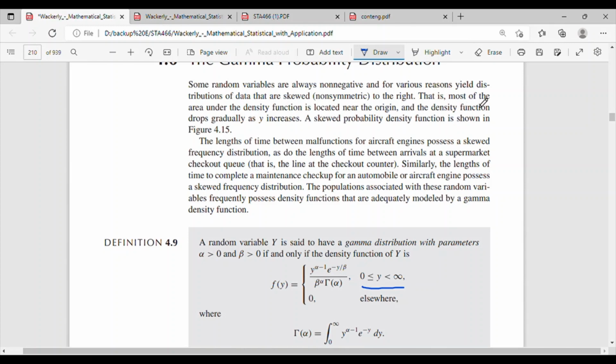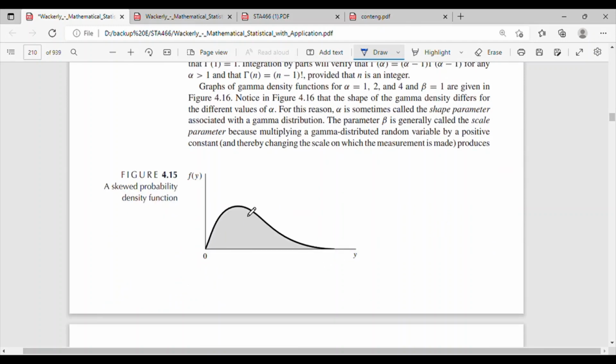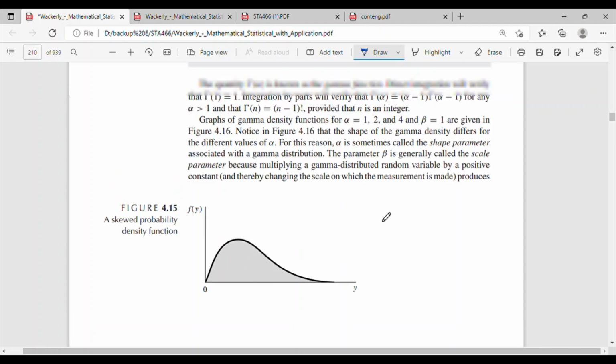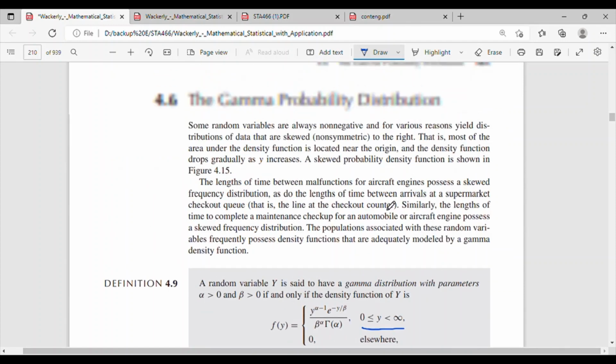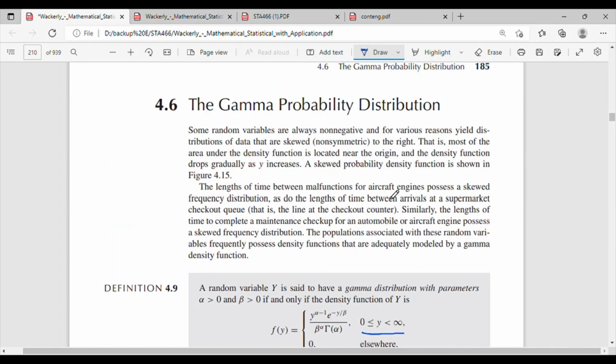Most of the area under the density function is located near the origin, and the density function drops gradually as y increases. This is figure 4.15, the distribution for gamma, a non-negative distribution.